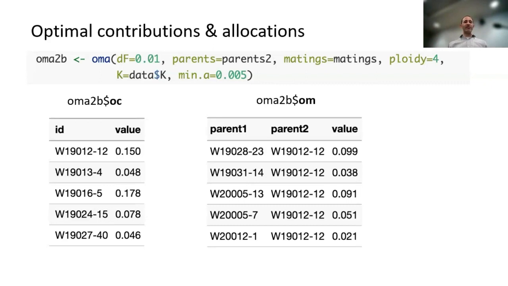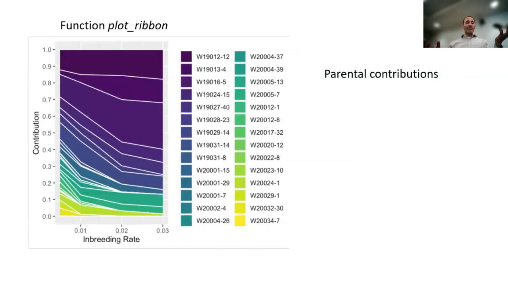If we look in the matings, we see that these first 5 matings all involve that one individual as one of the parents. If you add up all the values here for every mating that involved that parent, you should get what the value is right here, multiplied by 2, I guess, or divided by 2. So that's a numeric way of looking at it.